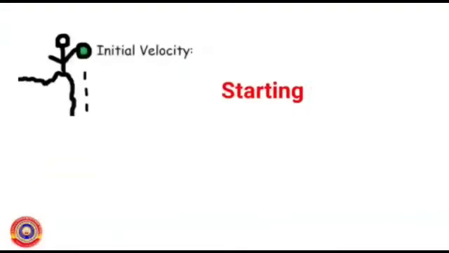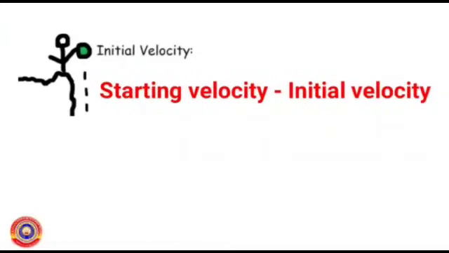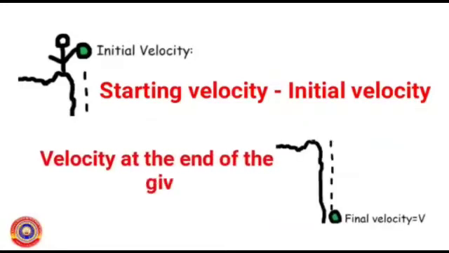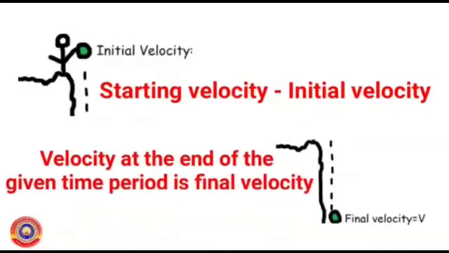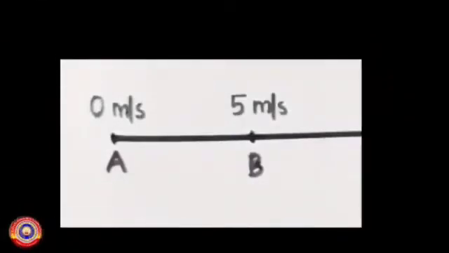One point to be remembered: the starting or beginning velocity is initial velocity, and it is denoted by u. The velocity which the body attains at the end of the given time period is final velocity, and it is denoted by v. Consider the journey of the car from A to B. At A, the car has just started its journey, so the velocity at A is considered as initial velocity.